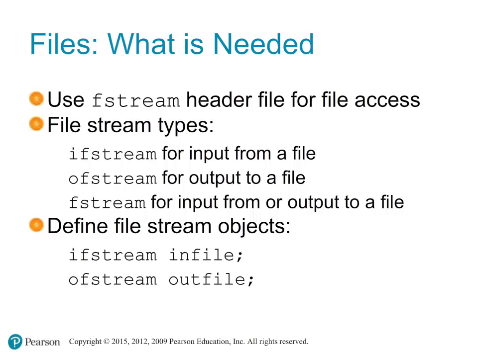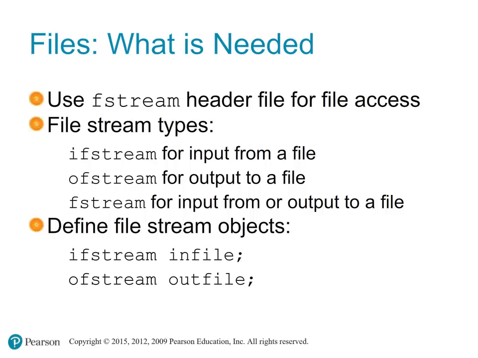Ofstream stands for output file stream. It is used for writing data to files. For example, saving a list of scores to a text file. Fstream can be used for both reading from and writing to files. It offers flexibility but requires the programmer to specify the mode, input or output, when opening the file.